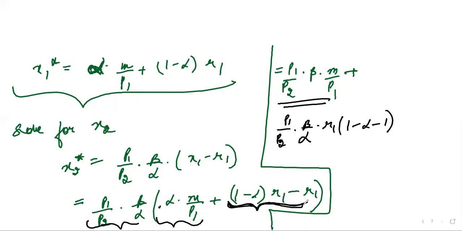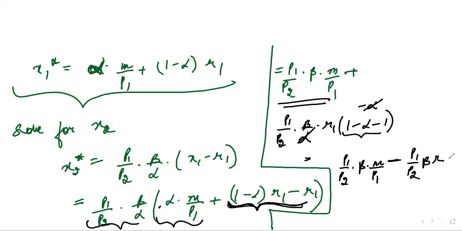So if I take R1 common, then here inside I'll be left up with minus alpha. Okay, and I can cancel this out, and I'll be left up with minus 1. So just try and solve this out. You'll be left up with minus 1. So you will have P1 by P2 into beta into M by P1 minus P1 by P2 into beta into R1.